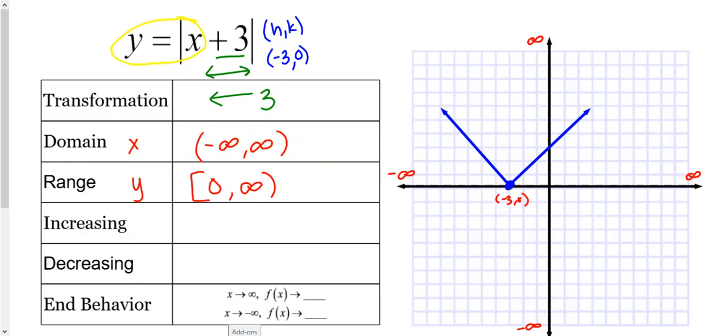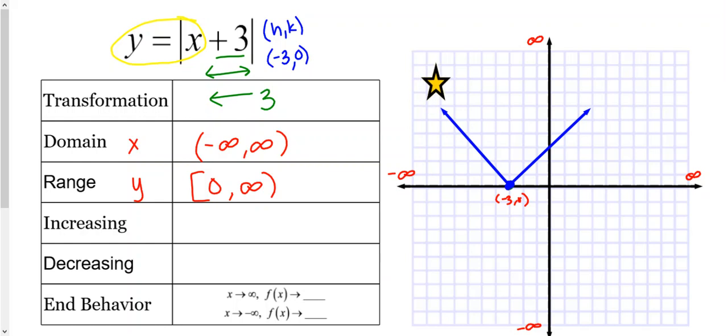And then we have increasing and decreasing to talk about. So let me pull up the star again. All right, so again, increasing and decreasing, we only care about the x values.